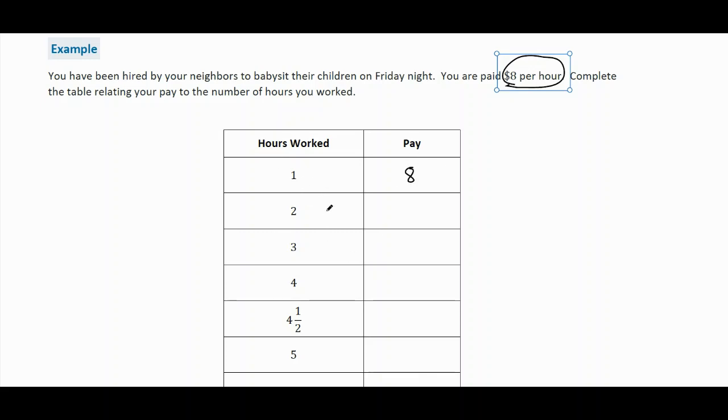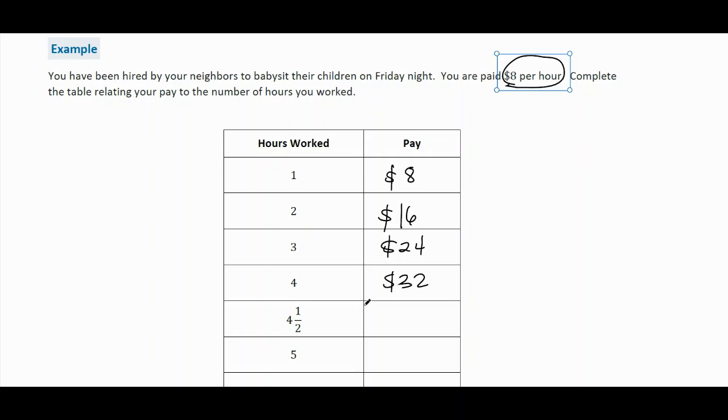If you have worked 2 hours, that's going to be 16. How about 3 hours? 24. 4 hours? 32. Now, how about 4 and 1/2? For 4 hours it is $32, and then half of the hour, which is 30 minutes, means you're just going to be paid half of the hourly pay, so that's going to be 4.